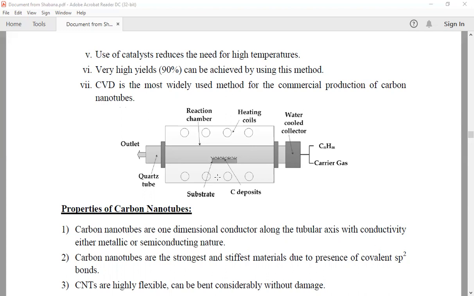The fluidized bed reactor is most widely used for carbon nanotube production. The chemical vapor deposition method is the most promising for industrial production of carbon nanotubes. It has low cost and direct growth on the catalyst surface.